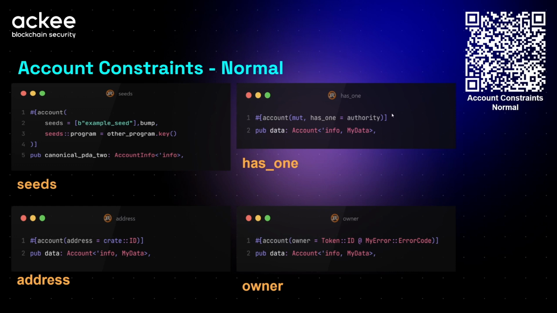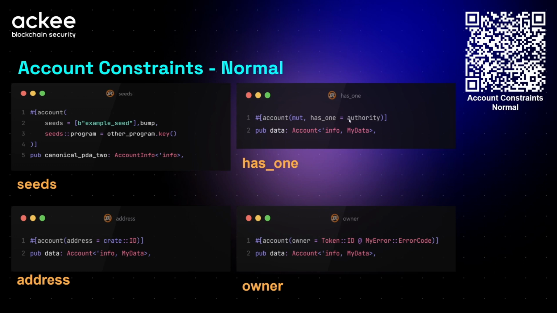Has_one is pretty common for the security checks. This constraint actually checks that your data account has this field, and it checks if the field matches the authority specified inside the context.